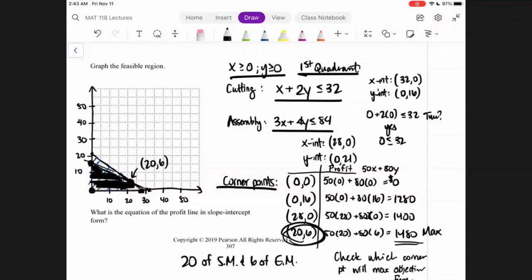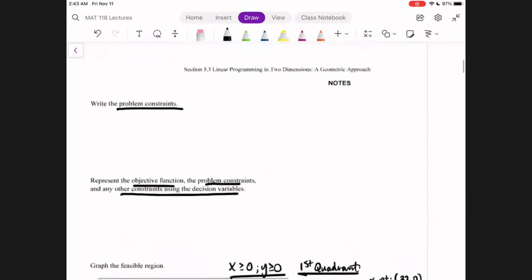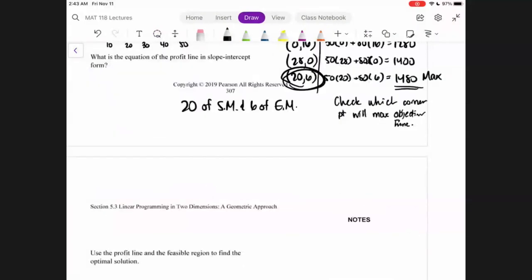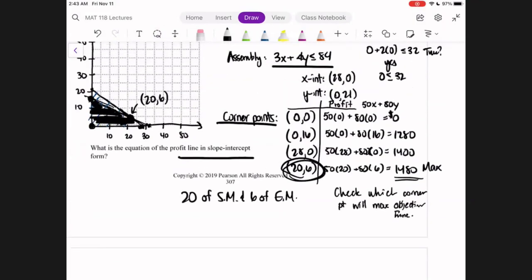So one thing to note is that the book does emphasize, like right here, it wants you to write the equation in slope-intercept form. So hypothetically, if you wrote your profit in slope-intercept form, you solve for y, you'll get in the end y equals 50x minus p over negative 80, right?